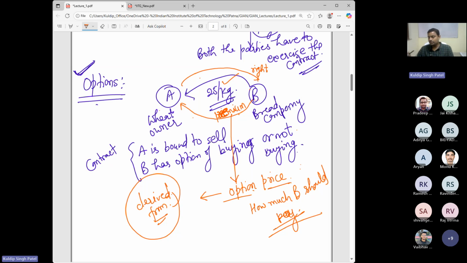So I tried to explain why it is called derivatives. Derivatives means its value is derived from something else. And I tried to explain to you why it is crucial to price the option accurately.